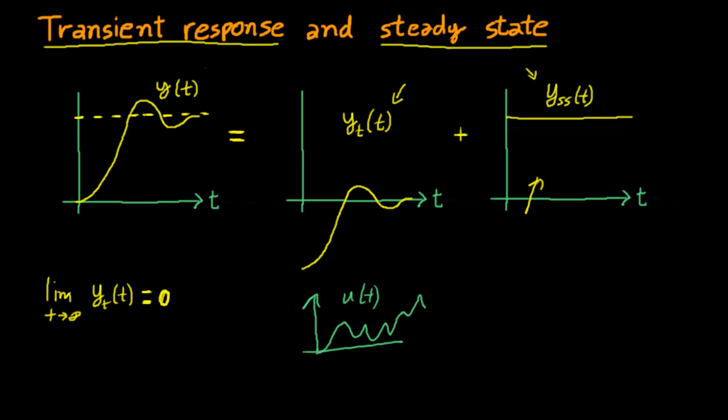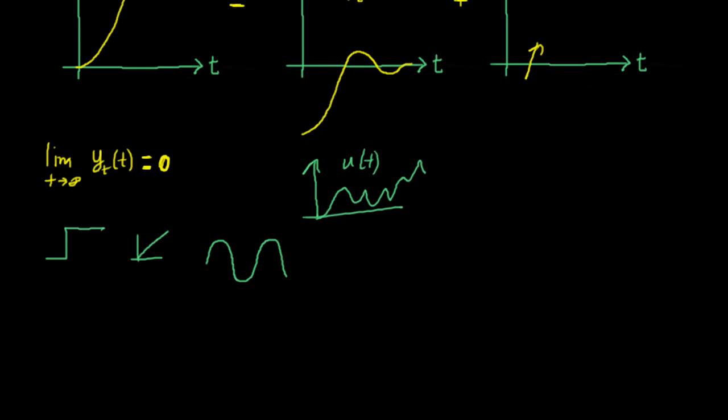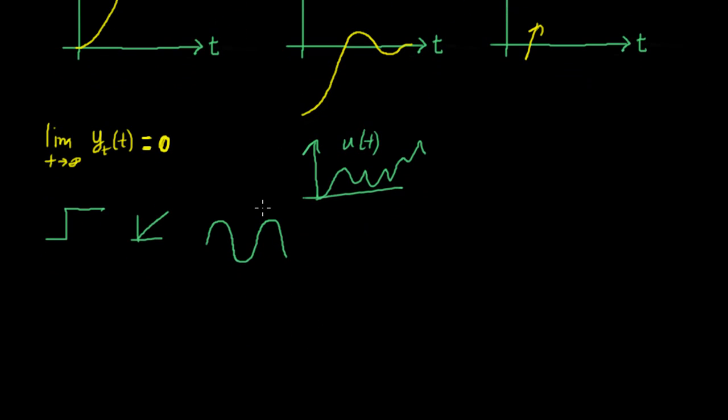This is why the concept only really makes sense for standard inputs like the step or the ramp or a sine wave, a sinusoidal function, all of which show a certain kind of regularity.